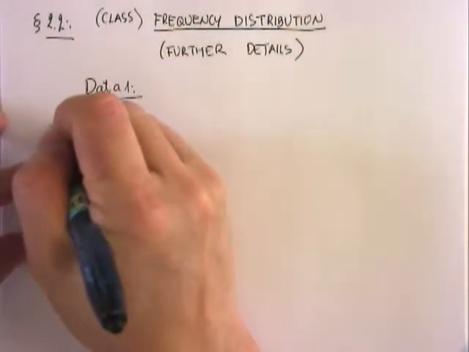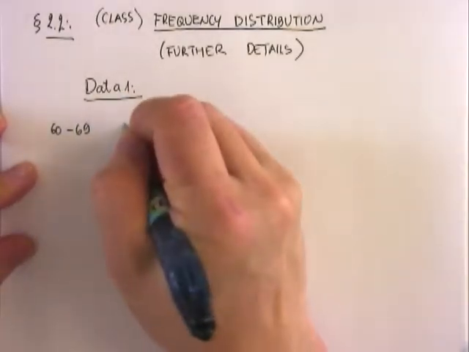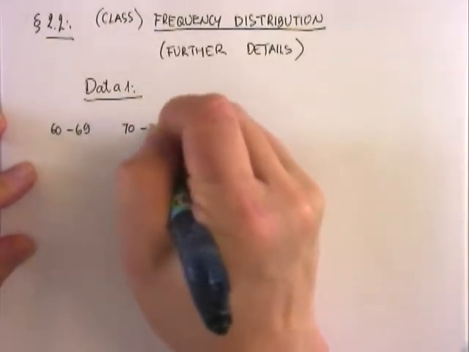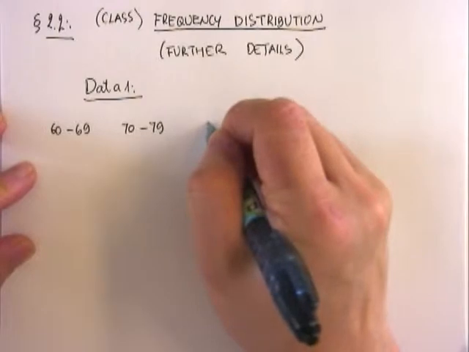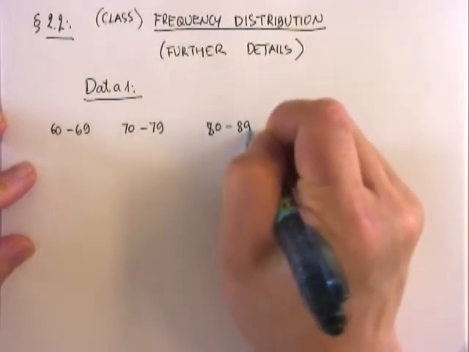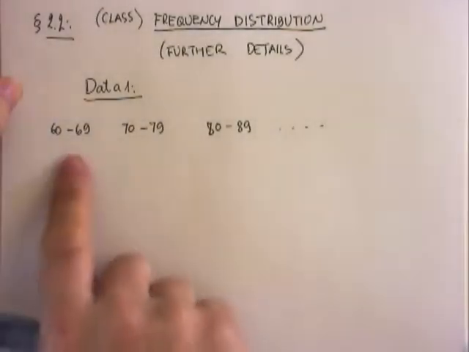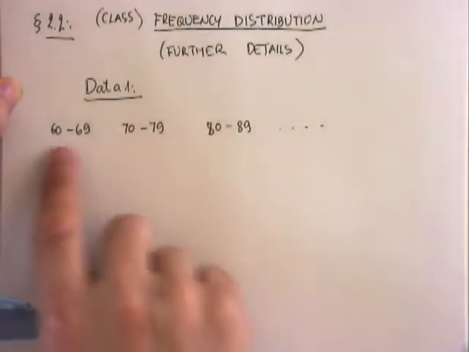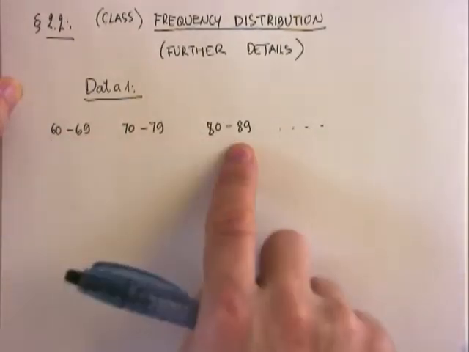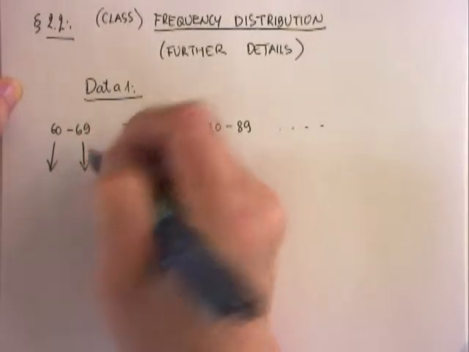So we have a class from 60 to 69. We have another class from 70 to 79. We have another class from 80 to 89, and so forth. Now, if you look at the anatomy of each class, it contains two numbers, and each of those numbers we call a limit.